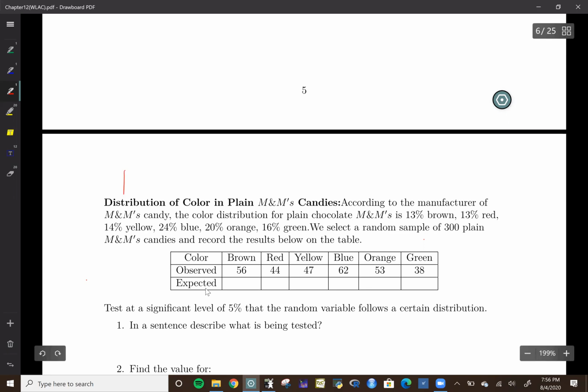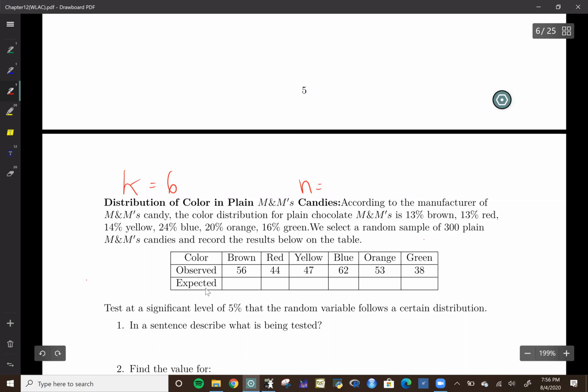All right, let's do some basic cleanup work. Let's find K, and also let's find N. Remember, K is how many different categories we have, and N is how many total samples we have. For this one, how many different colors do we have? 6, perfect.